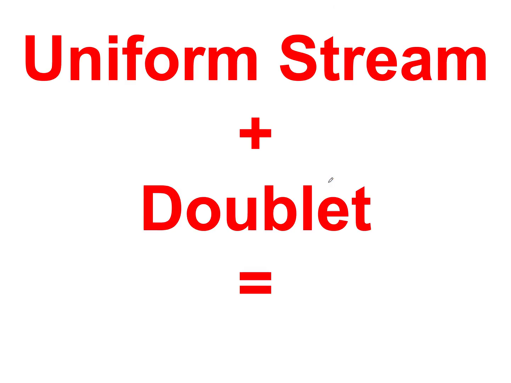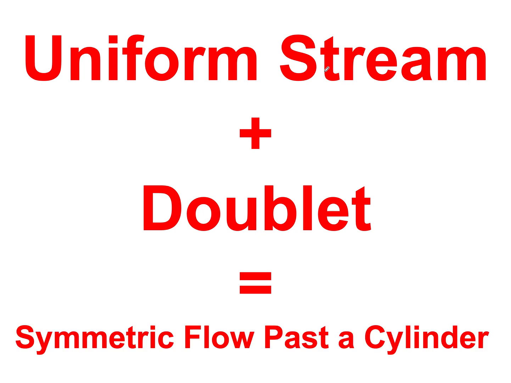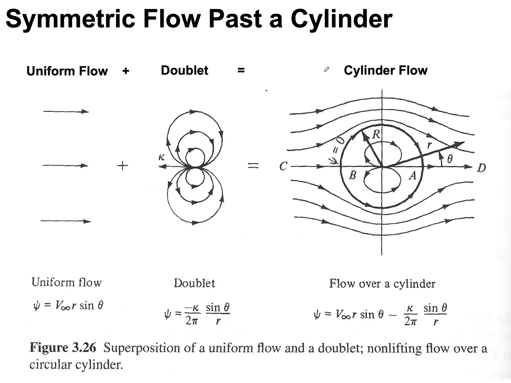So that's the doublet, and we need it because we are interested in the case when we take a uniform flow and add it to a doublet flow. What we're going to get is actually the flow past the cylinder. So you get a uniform flow, you get a doublet, and you're going to get a complex set of streamlines, but let's ignore what happens on the inside.